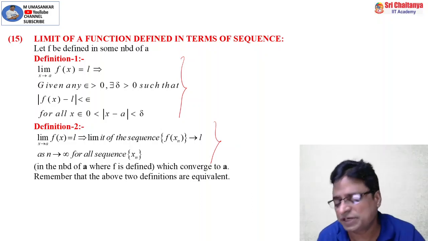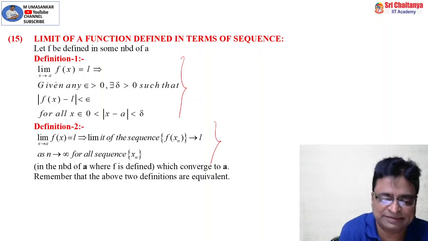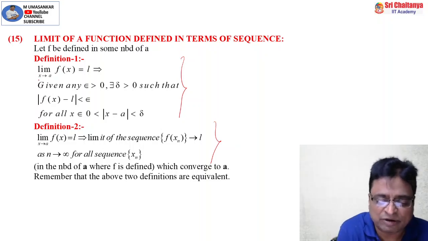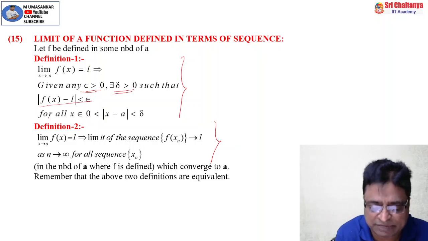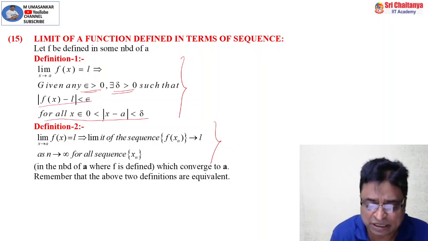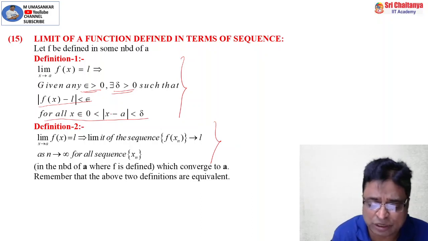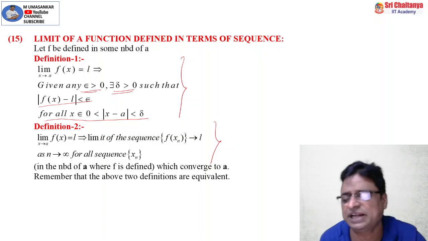Actually, the first definition is familiar for you because just now also we discussed it. What is that? Limit x tends to a f of x is equal to L if, for any epsilon greater than 0, there exists a delta greater than 0 such that mod f of x minus L is less than epsilon for all x belonging to 0 less than mod x minus a less than delta. This is the original definition, the analytical definition.